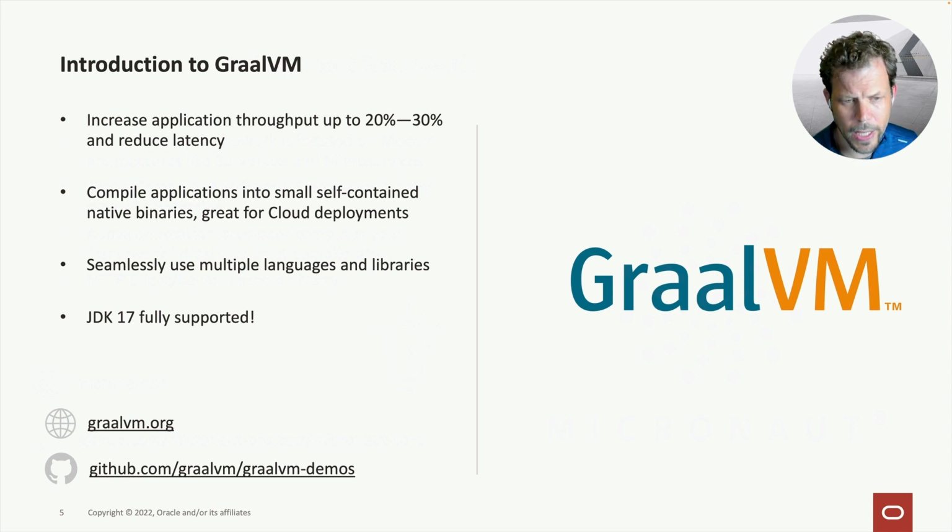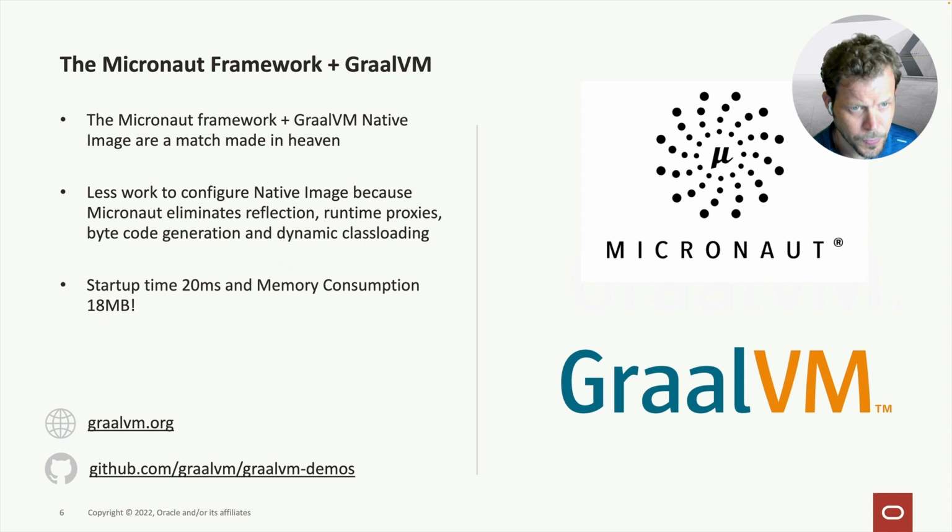It also has the Truffle language framework, which allows you to seamlessly interoperate multiple different languages and implementations built on Truffle, including JavaScript, Python, Java itself. And JDK 17 is fully supported by GraalVM. You can find out more at graalvm.org.